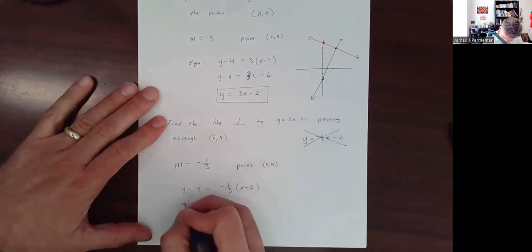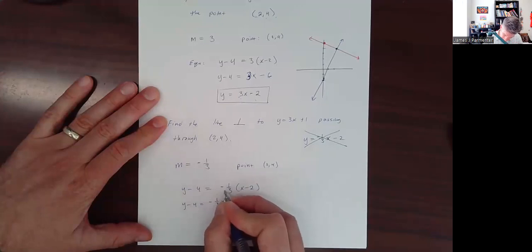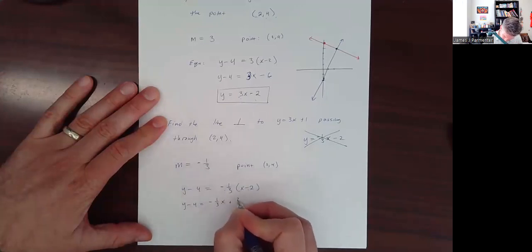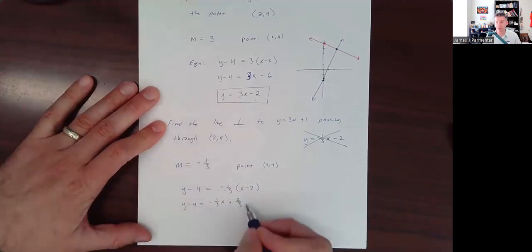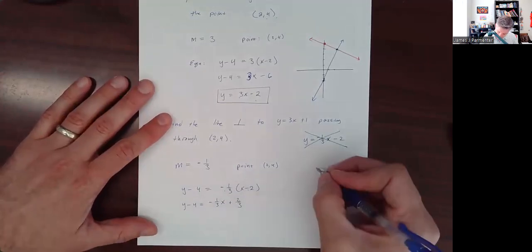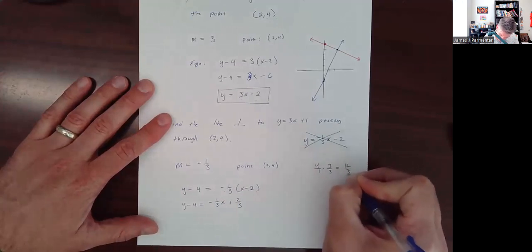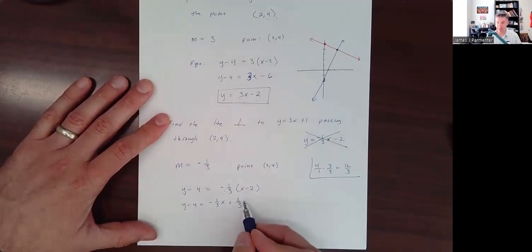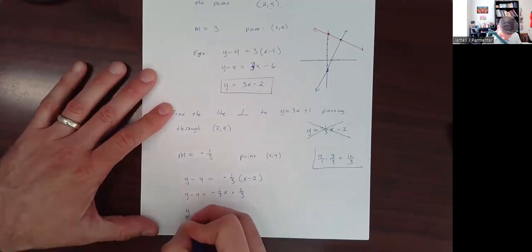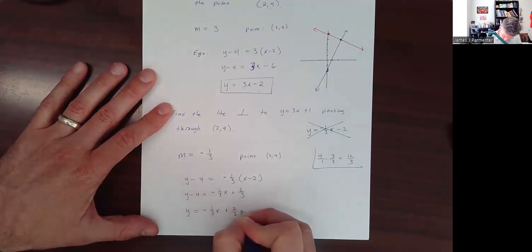I'm going to have y minus 4 equal to negative 1/3 x, and negative 1/3 times -2 is positive 2/3. I'm going to add 4 to both sides, but I'm also going to change it to having a common denominator. So I know that 4 over 1 times 3 over 3 is 12 over 3. So I'm going to add 4, but I'm going to write it as 12 over 3. So y is going to equal negative 1/3 x plus 2/3 plus 4, which is 12 over 3.